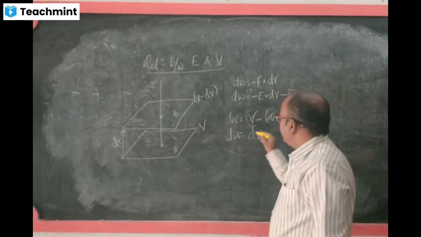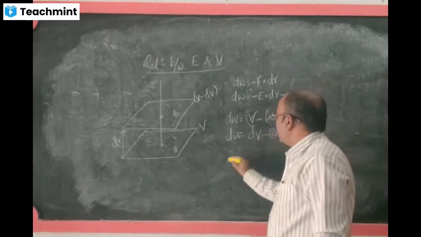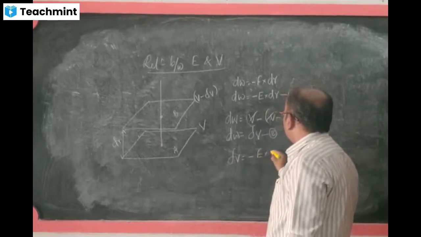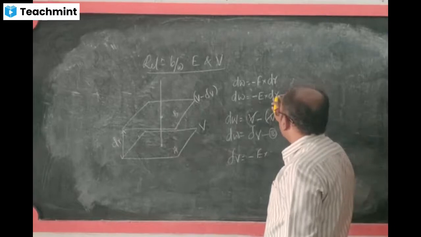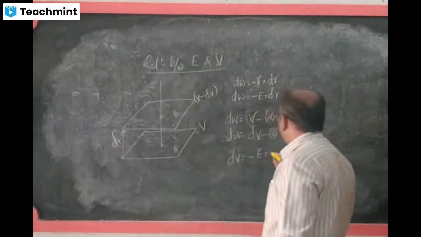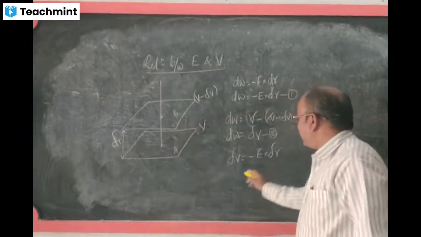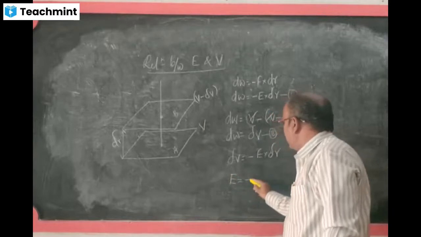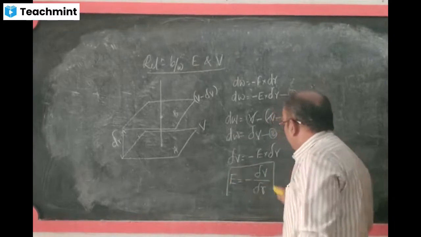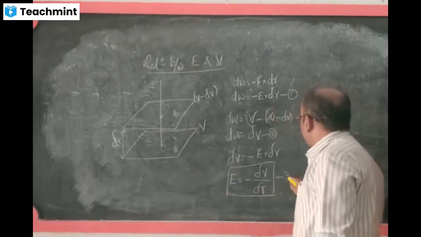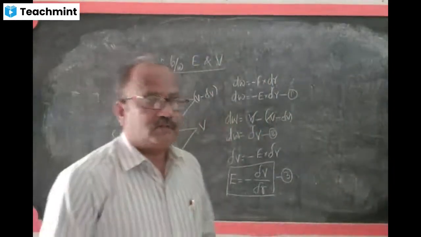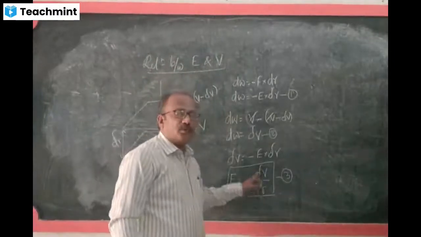Therefore, if you put this in the above equation, then delta V is equal to minus of E into delta R. From this equation we can write E is equal to minus delta V by delta R. So this is the relation between electric field and electric potential, that is E is equal to minus of the potential gradient.